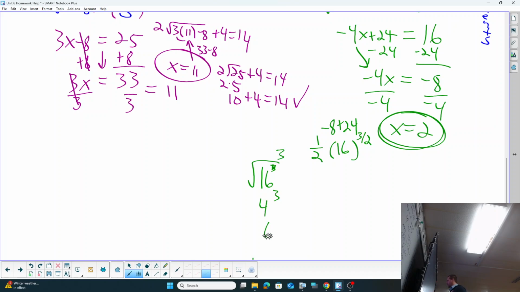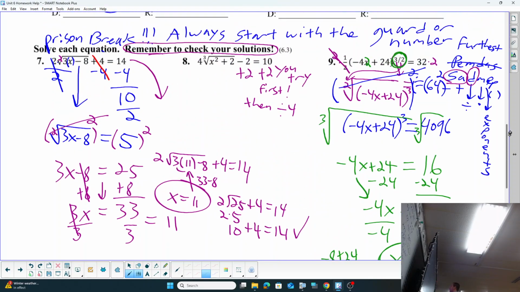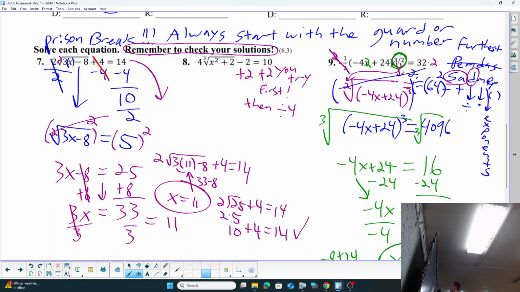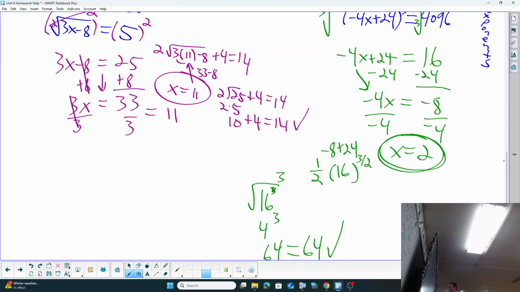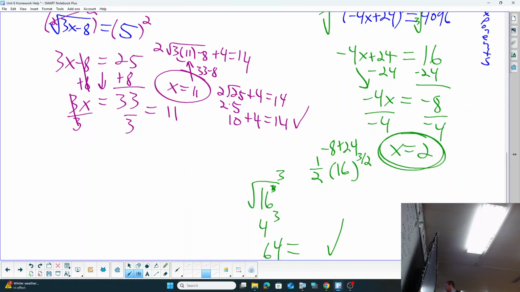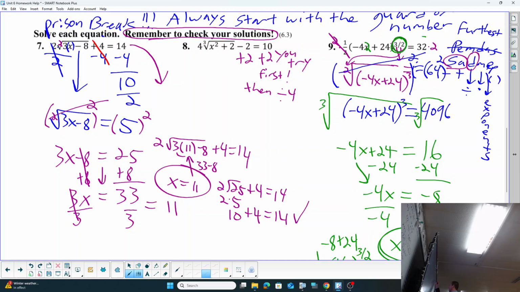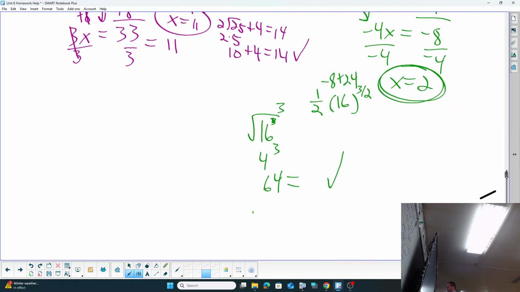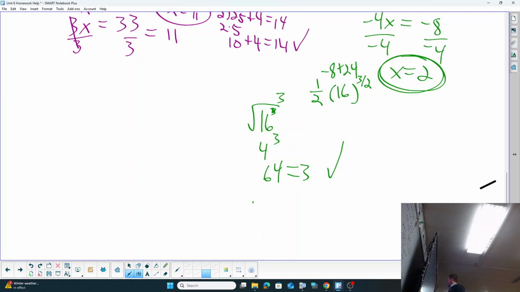And 4 to the third power is 64, which equals our 64 from the right side. No, it's 32. Half power, forgot to half it. It's actually supposed to equal 32. But I forgot to half it. And so 32 equals 32, it works.